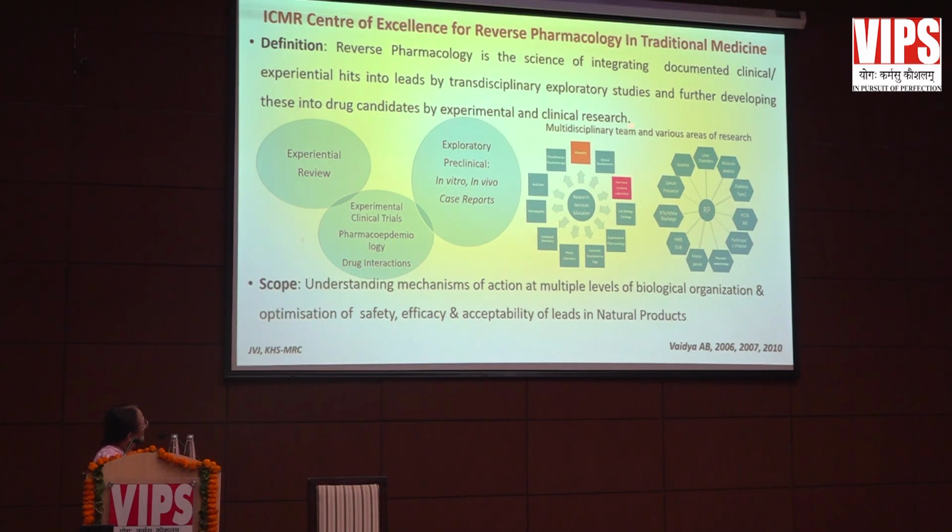We have a multidisciplinary team, and basically we study a product under multiple levels of biological organization. That is, in human beings we can study various organs, or we can study in different species or in vitro models.